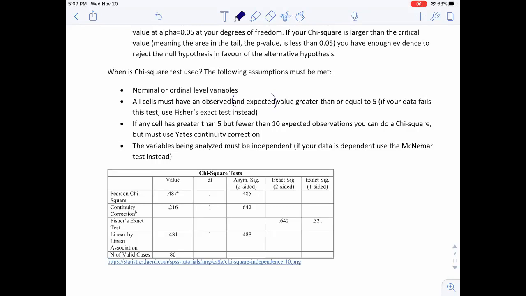And so if you don't have independent variables, you should use the McNemar test instead of the chi-squared. So all these tests are just used instead of a chi-squared or on top of a chi-squared. Once you've checked all these, do you have more than 10 in each cell? Are your variables independent? Do you have categorical data? Yes, then you can do a chi-squared and everything's fine, which is usually the case. We've just got these special kind of detours that we make.